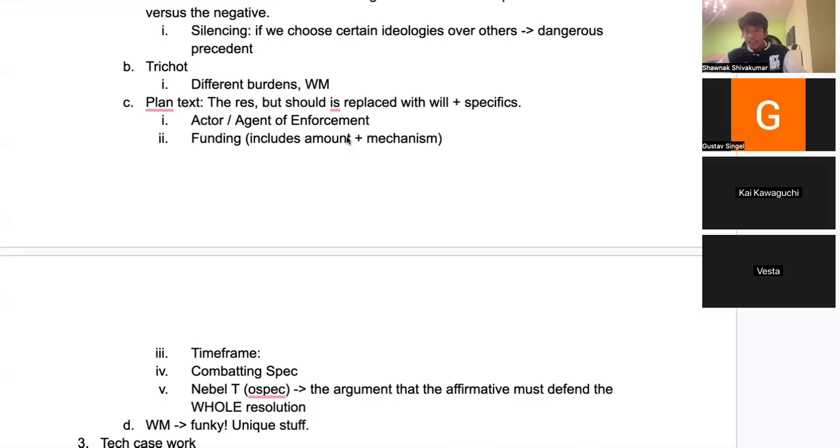So the debate doesn't end if they prove that your arguments were unfair. Your debate doesn't end if they prove that you are being hella abusive. Because if you win that this is a super educational thing, or this outweighs on something else, or fairness is non-unique, fairness doesn't matter, then their theory isn't even legit in the first place. There's no indictment.